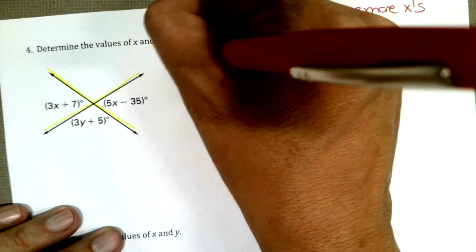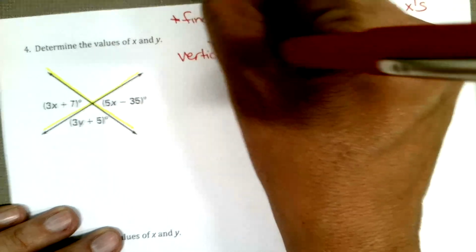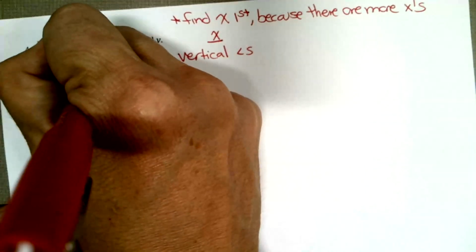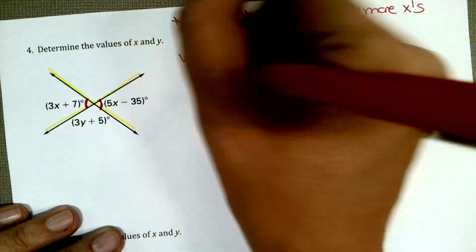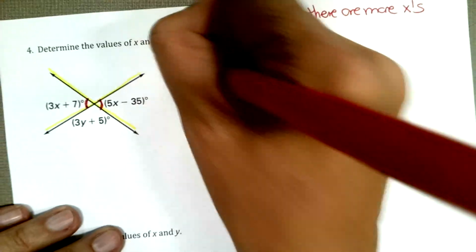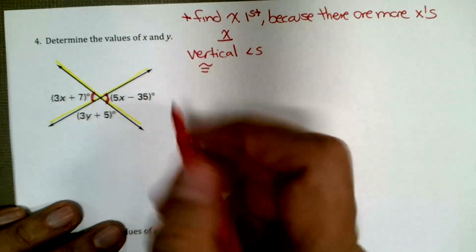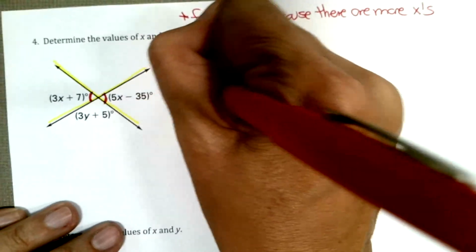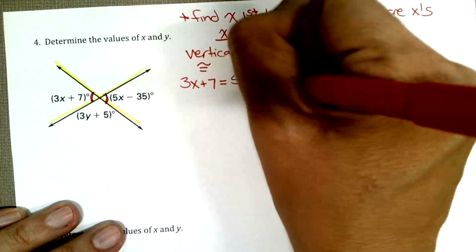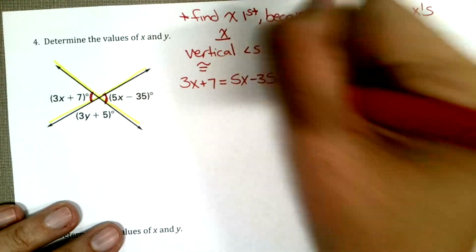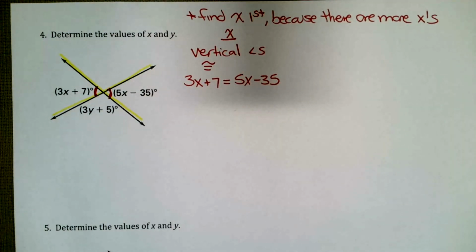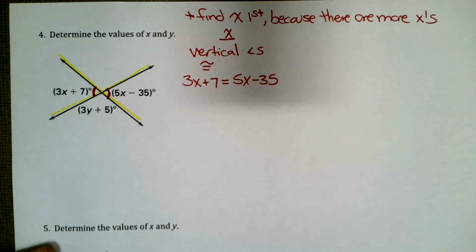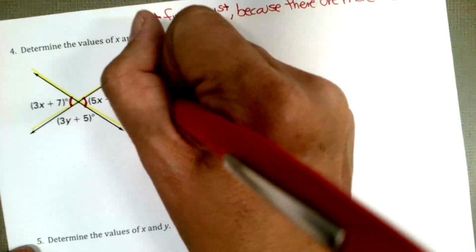So we have vertical angles. And so we know then that they're congruent, one arc in each. So 3x plus 7 has to equal 5x minus 35. And then we can solve that.